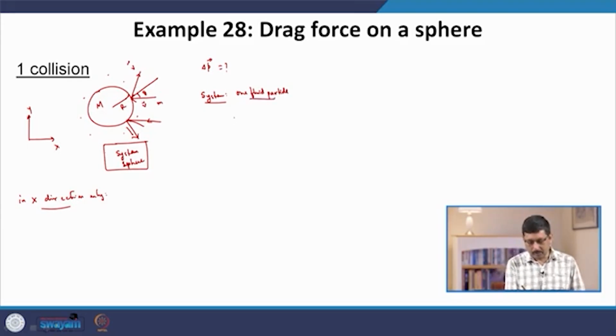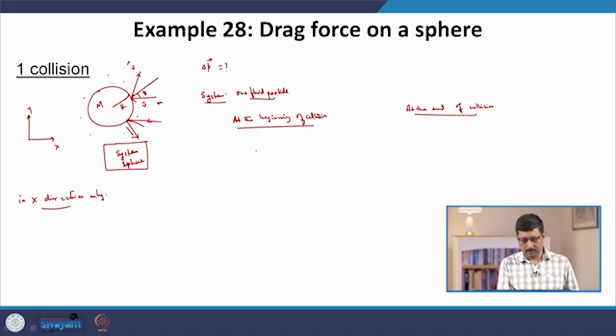At the beginning of the collision, and at the end of the collision. At the beginning of the collision, this is coming in with a speed, and the x component of the momentum is m v. This is totally in the x direction, and we are sitting on the sphere, so we assume that the sphere's initial momentum was 0.